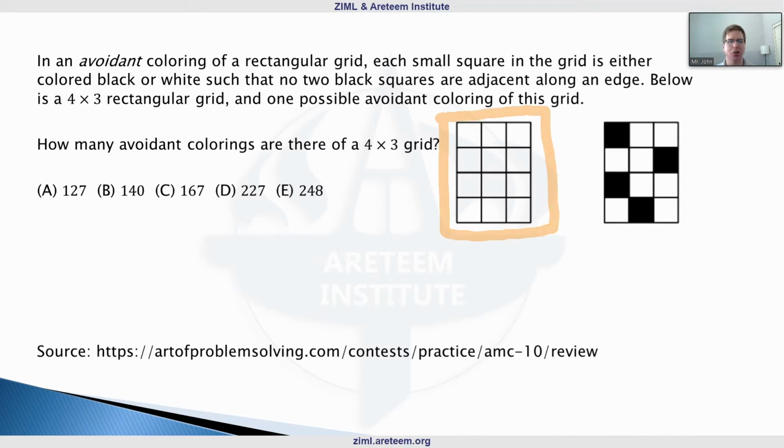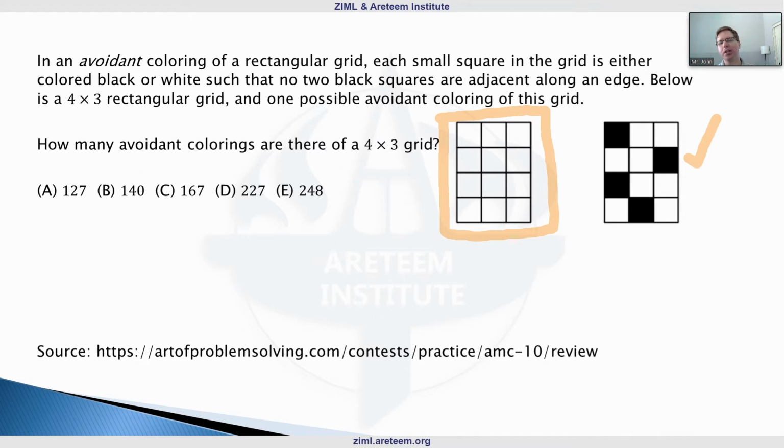This is an avoidant coloring of this grid because none of those black squares are adjacent to each other. For example, if this square here was also black, then these two would be adjacent and that would be bad.